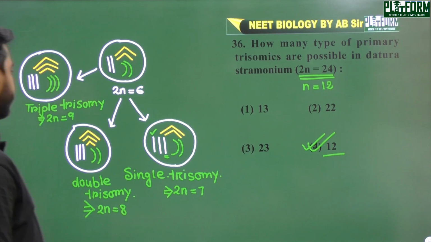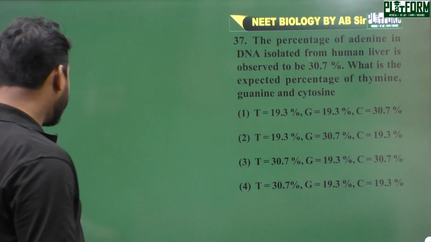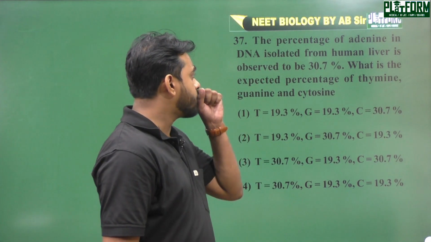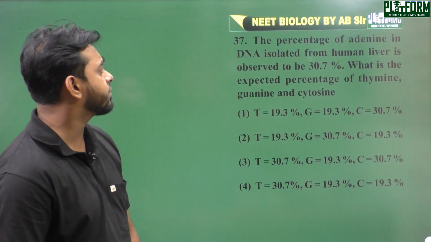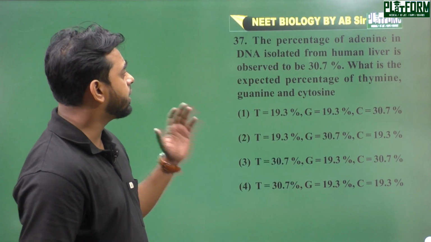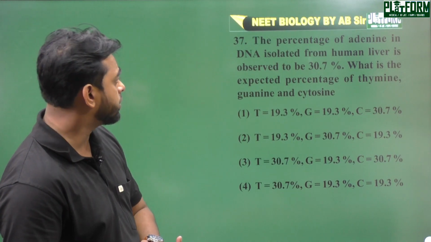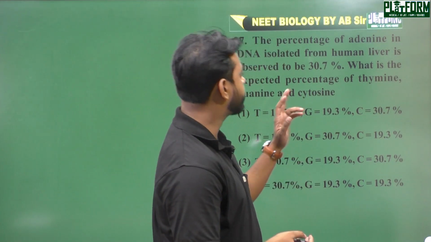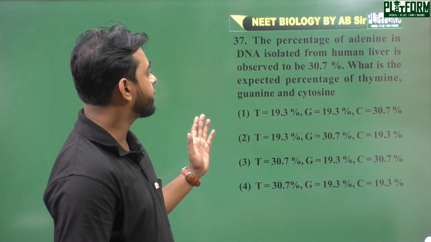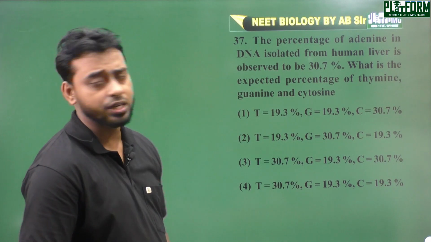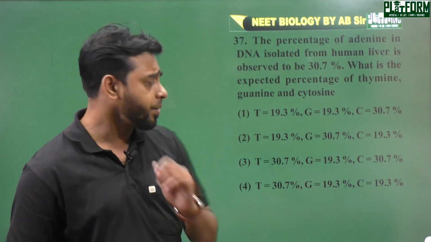Now let's move to the next question. In this question it is written that the percentage of adenine in DNA isolated from human liver is observed to be 30.7%. Then what is the expected percentage of thymine, guanine and cytosine? Okay.